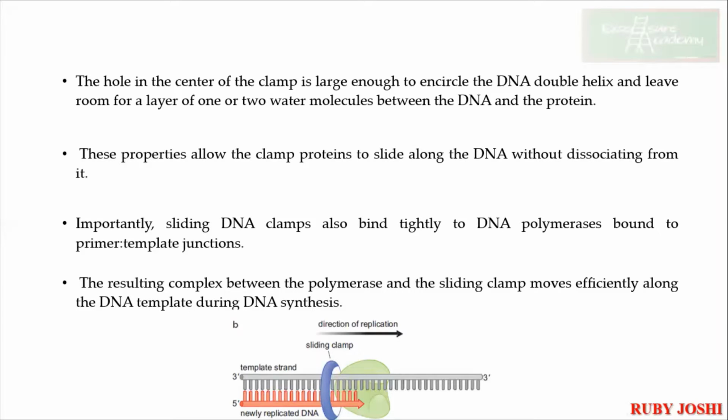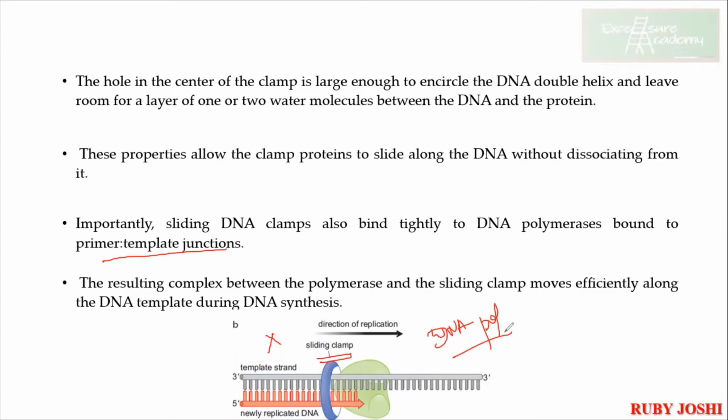Importantly, sliding DNA clamps also bind tightly to DNA polymerase at the primer template junction. One thing to always remember: whenever you have a primer template junction, only then is the sliding clamp present. If you don't have a primer template junction, there will be no sliding clamp. And when there is no sliding clamp, there won't be any DNA polymerase.